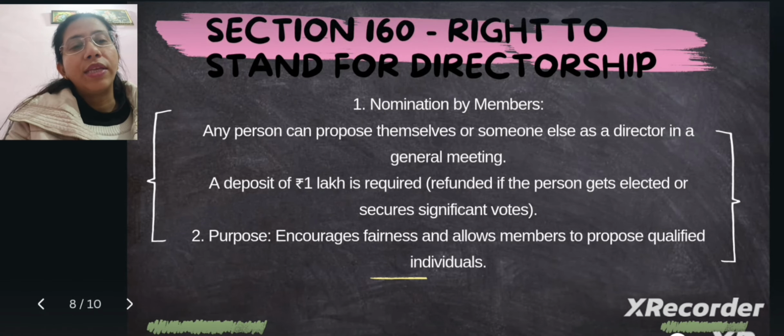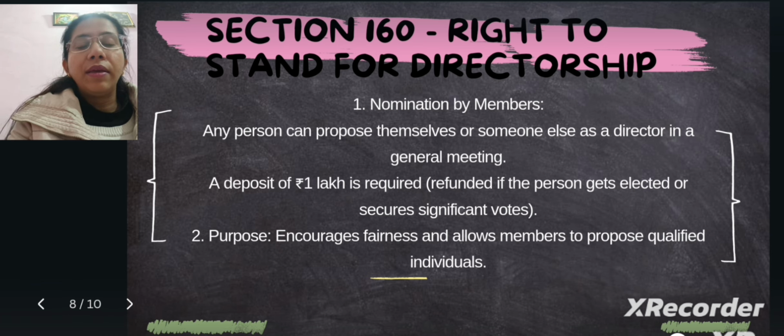Now, moving forward to Section 160, which represents the right to stand for directorship. What is it? Nomination by members. Any person can propose themselves or someone else as a director in a general meeting.